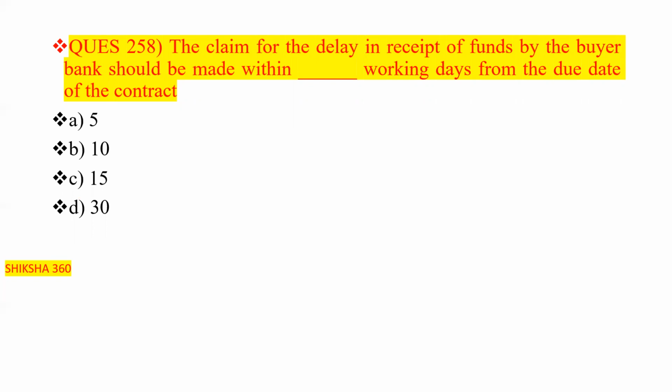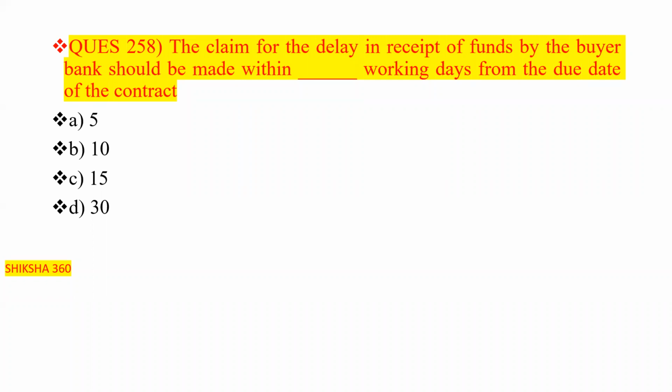So, within how many working days from the due date of the contract? Options: 5 days, 10 days, 15 days, and 30 days.